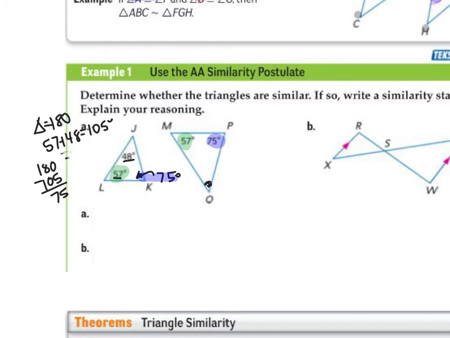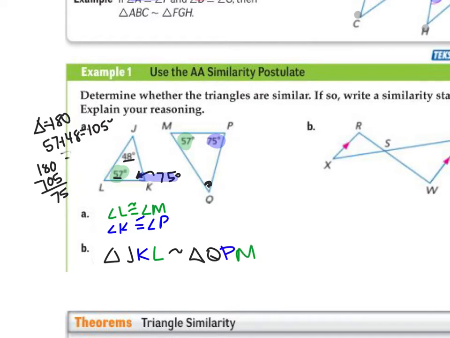Knowing our angle-angle similarity postulate, we can state that because angle L is congruent to angle M, and angle K is congruent to angle P, then triangle JKL has to be similar to triangle QPM.